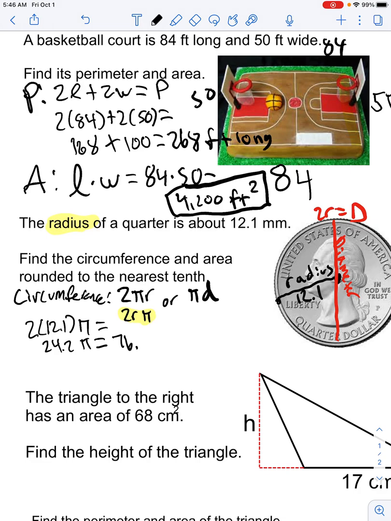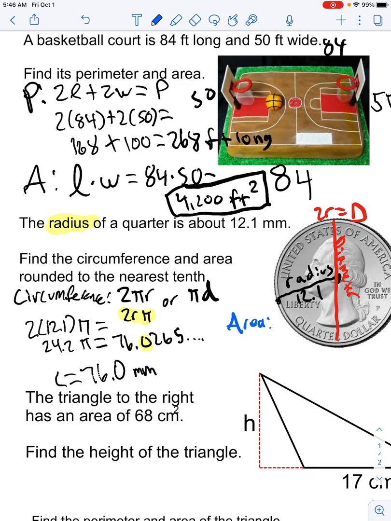And so I'm going to get 76.0265... Because it said round it to the nearest tenth, that would be this term. So the 2 does not round it up. So we're going to say that the circumference equals 76.0 millimeters.